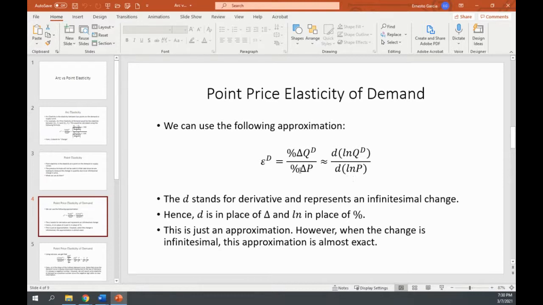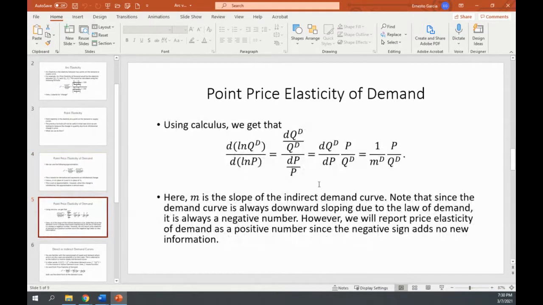Essentially, the change, the triangle here, is replaced with these little d's, which stand for derivative. If you've taken calculus, you'll know what I'm talking about. And the percentages are replaced by the logs. Now, this is just an approximation, but when you're looking for infinitesimal changes, this approximation is almost exact. So it's a very, very good approximation for the problem we're trying to solve.